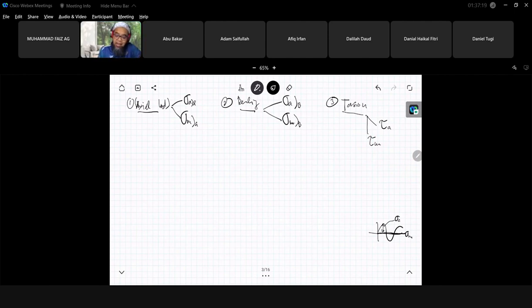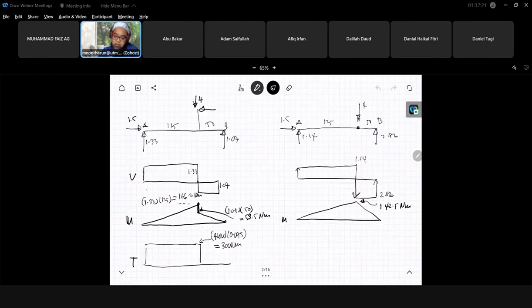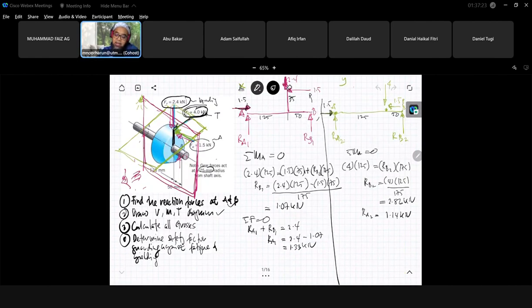So we look at the axial loads. For the axial loads, it has no alternating, no frequency. Okay, it's just one direction. Same as the torque, there's no back and forward.